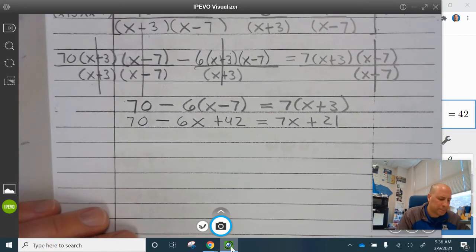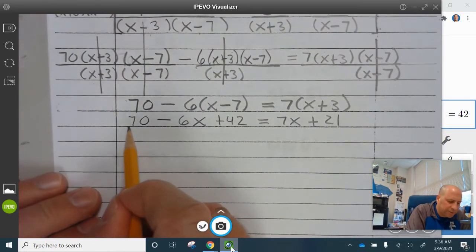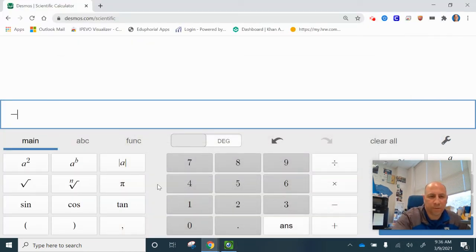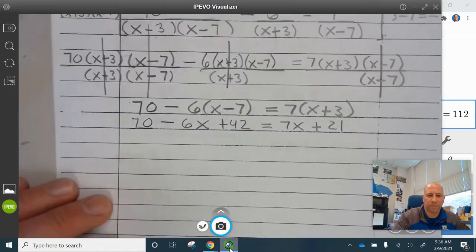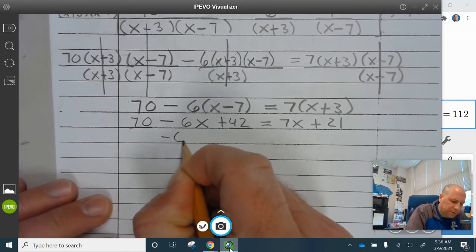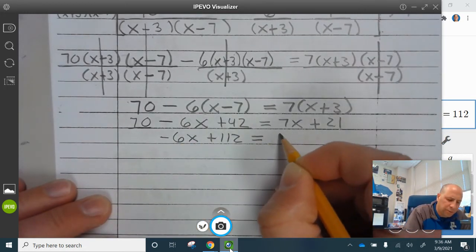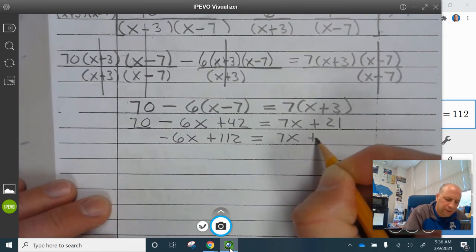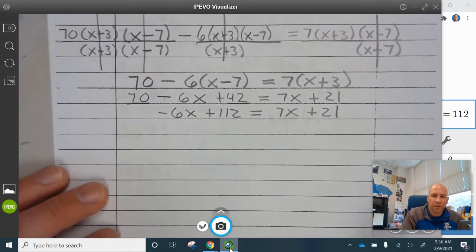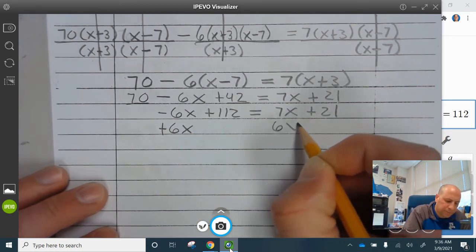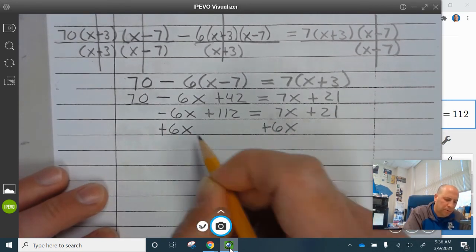Okay. Now let's go ahead and combine the 70 and the 42. So 70 plus 42 is 112. So then that's negative 6x plus 112 equals 7x plus 21. Let's go ahead and add 6x to both sides. So then that cancels.